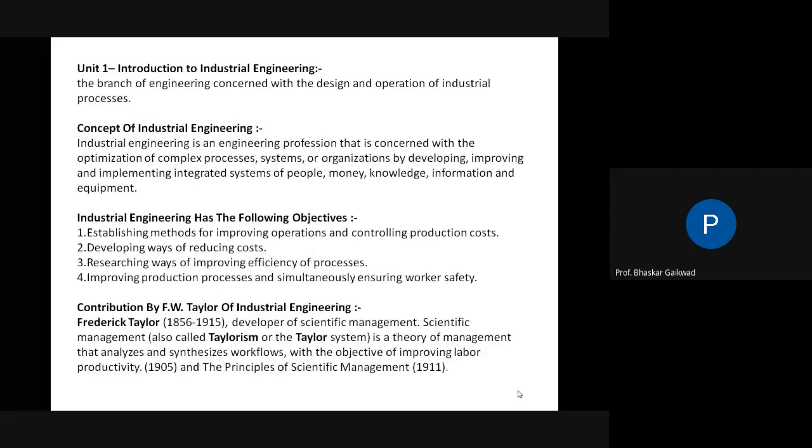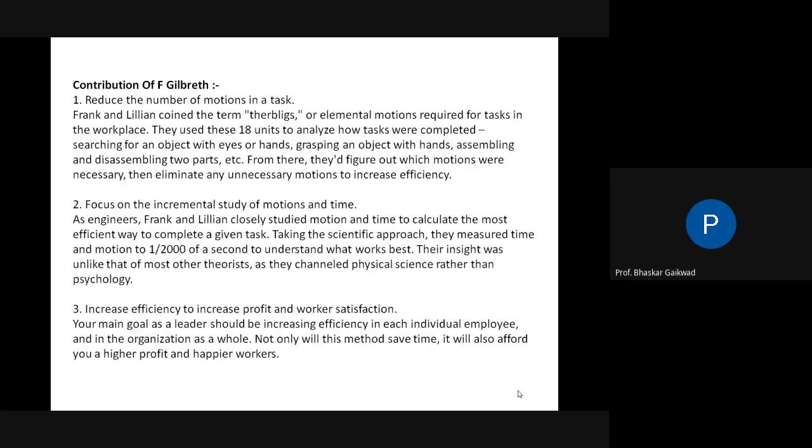So this is actually a core concept related to industrial engineering. While developing industrial engineering, the two scientists, F. Gilbert and F.W. Taylor, gave contributions. F.W. Taylor is related to method study, and Gilbert related to motion study.